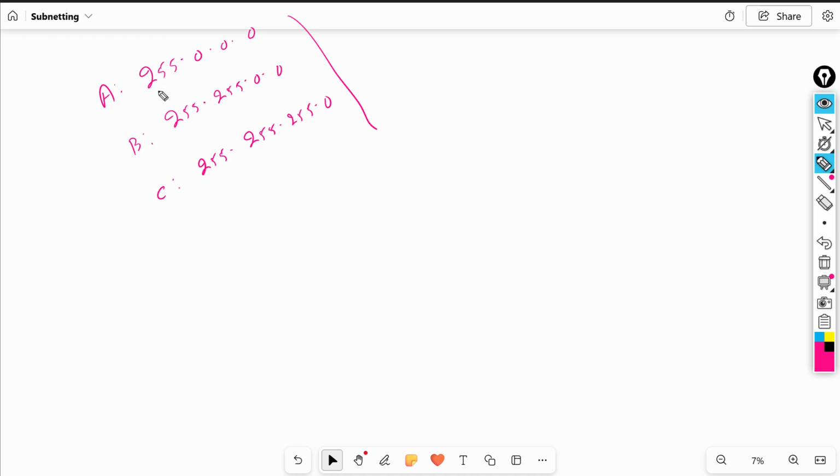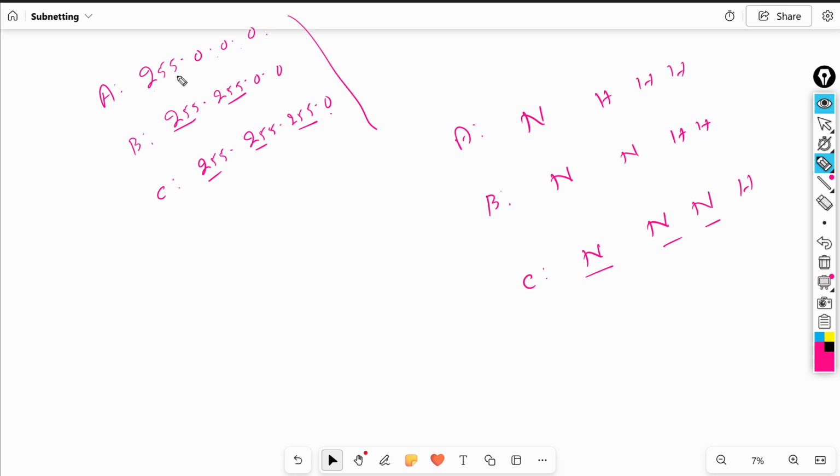Why in class A 255.0.0.0? Because in class A, we have only one network portion and three host portions. In class B, we have two network portions. That's why the mask is 255.255.0.0. In class C, the default subnet mask is 255.255.255.0. Why? Because in class C, we have three network portions.